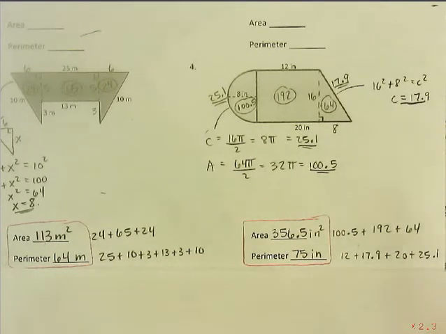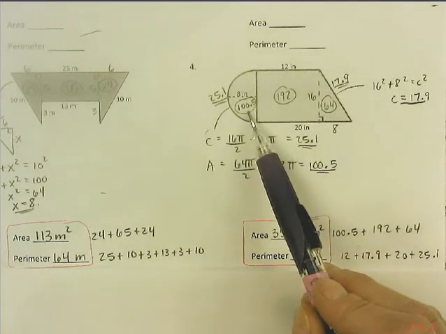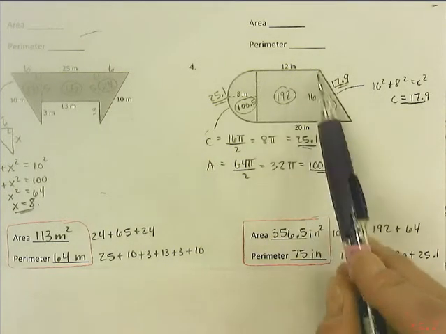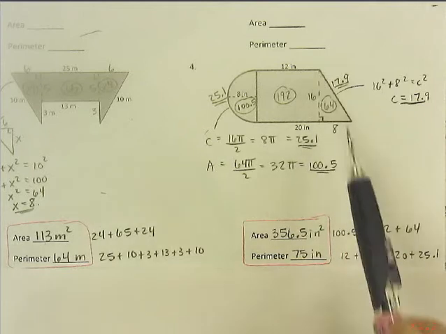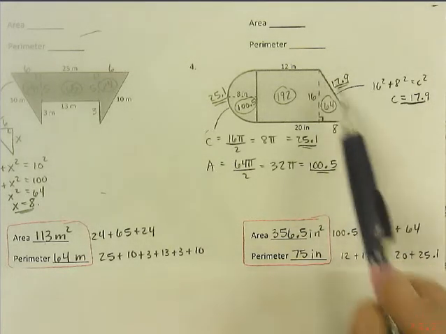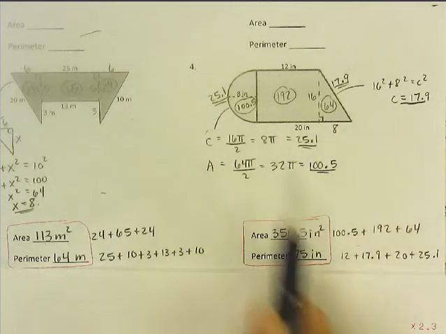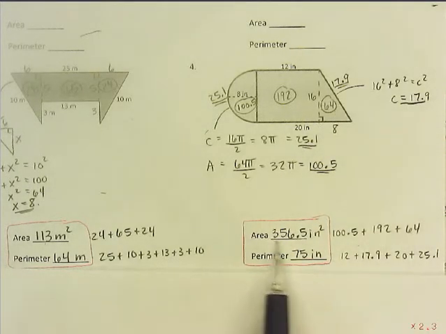check your solutions here. You should get 100.5 for the area of the semicircle, 192 for the area of the rectangle, and 64 for the area of the triangle. You could have done a trapezoid as well, but if you add these 3 together, you should still get the same area regardless of which way you found your answer.